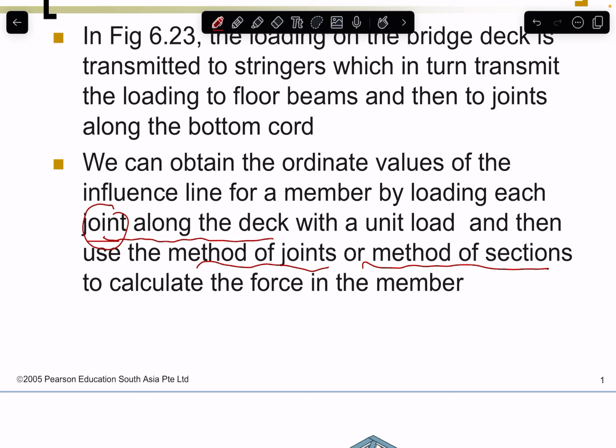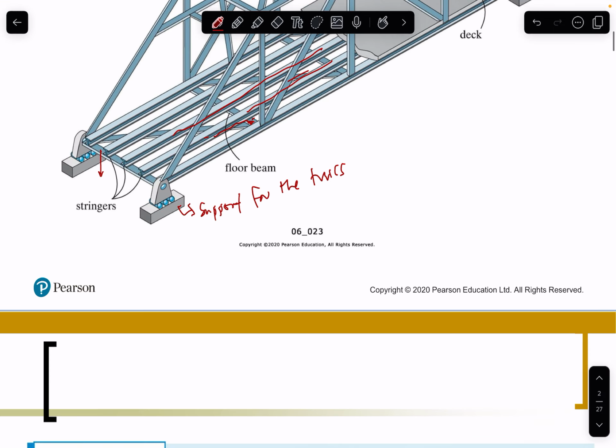These are the two methods that we always use when we want to analyze the forces in the truss. Again, a similar approach will be used in this influence line.